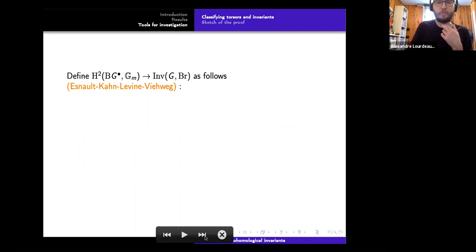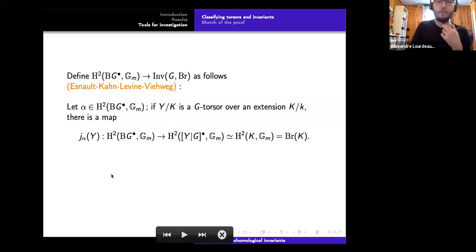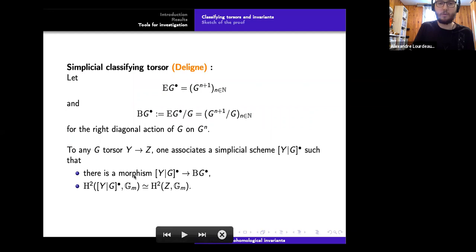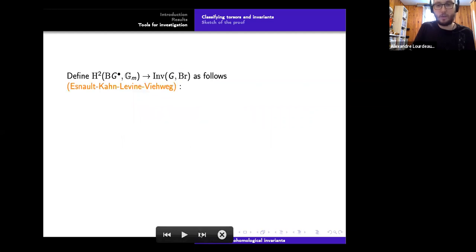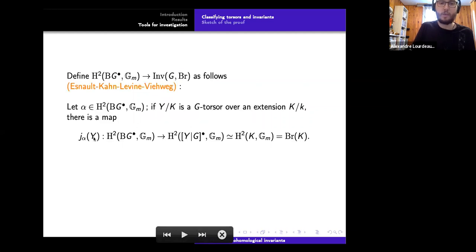And we proceed as in the versal torsor case. If we take an alpha in H2, and if we take a G torsor Y over a field K, we have these two maps. So we can compose with the map from YG to BG.